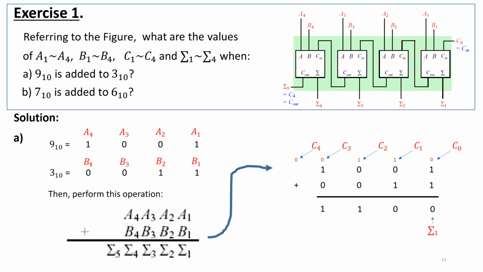And C4 is 0, so we have sum 1 is 0, the summation at the higher bit, sum 2 is 0, sum 3 is 1, sum 4 is 1.